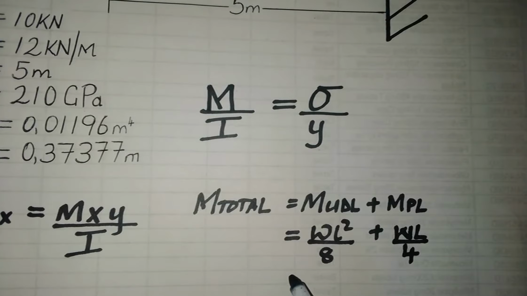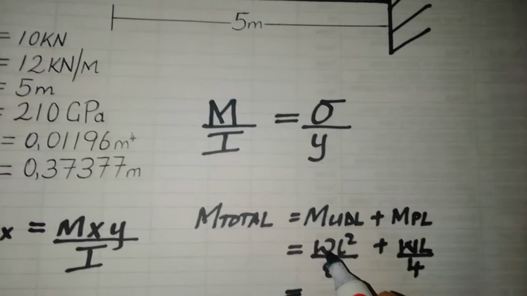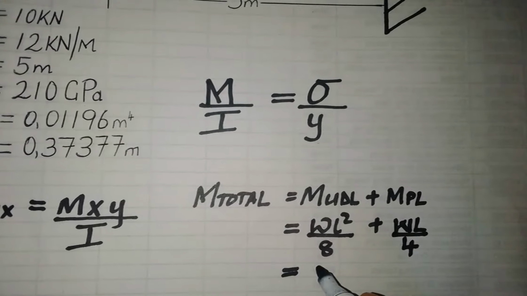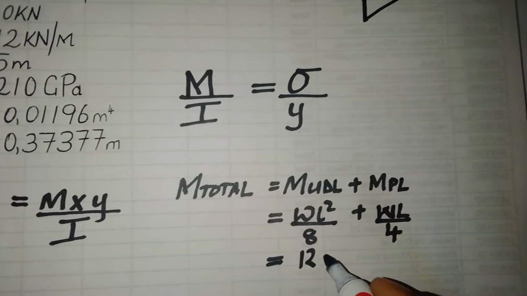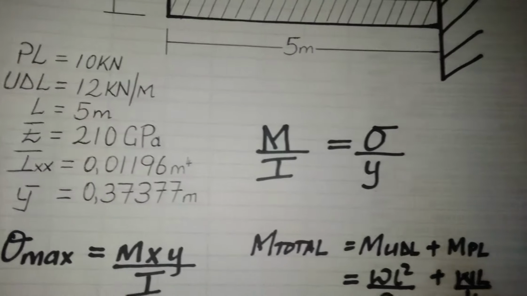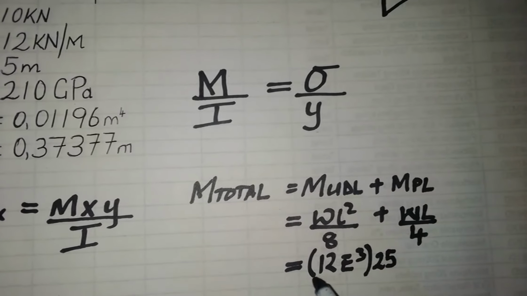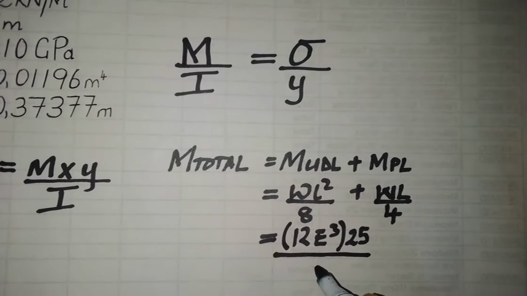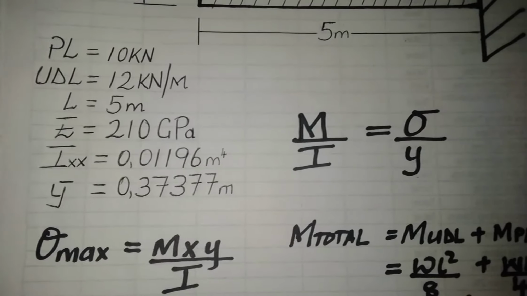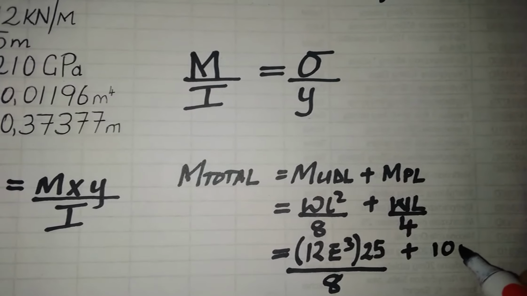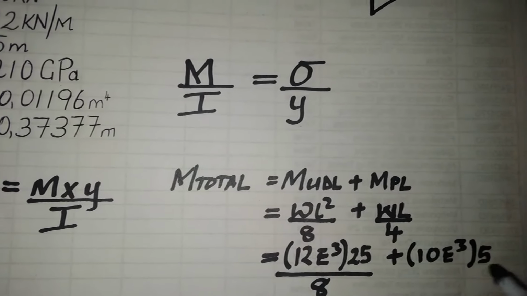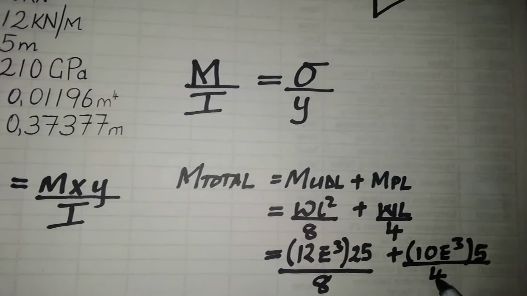Okay, so we're going to substitute here. The uniformly distributed load is 12 kilonewton per meter. So we're going to use 12 kilonewton, and L is 5 meters, so it's 25 here, and we're going to divide the rest by 8, and we're going to add for W the point load of 10 kilonewton, and length of 5, and we're going to divide by 4.